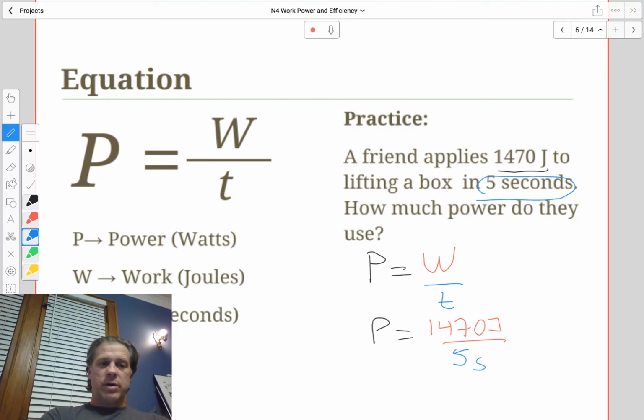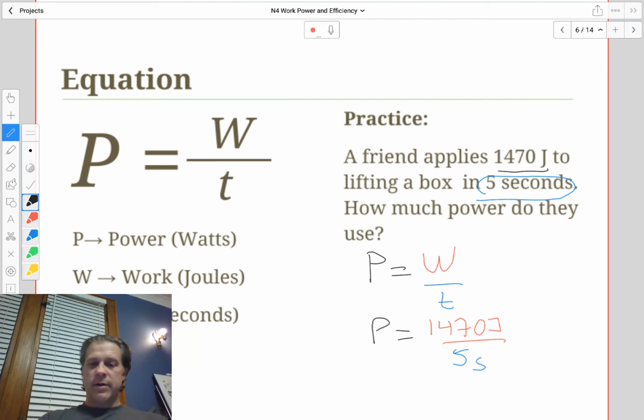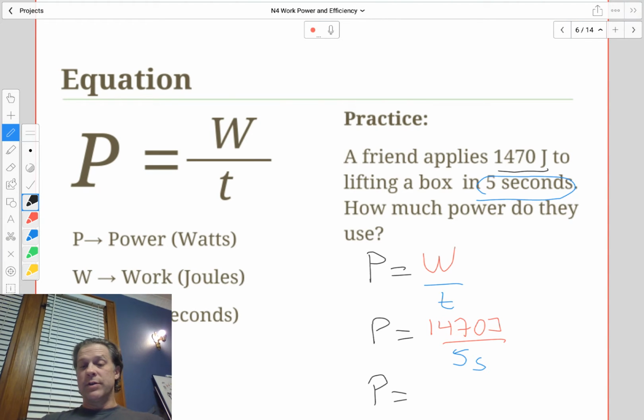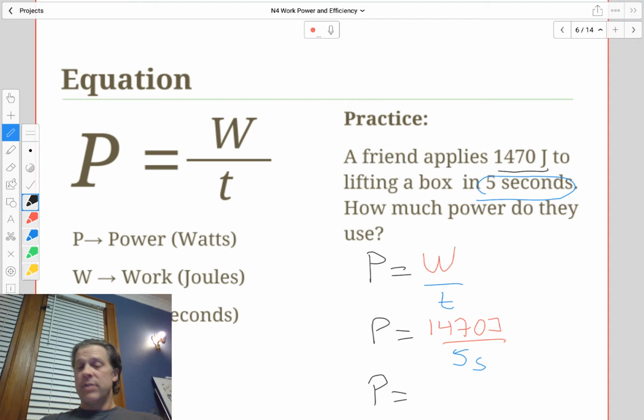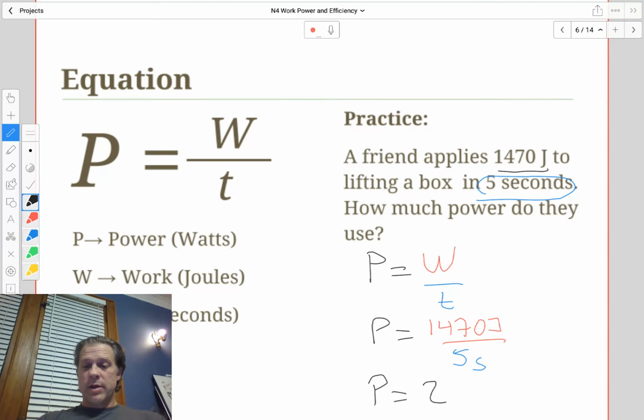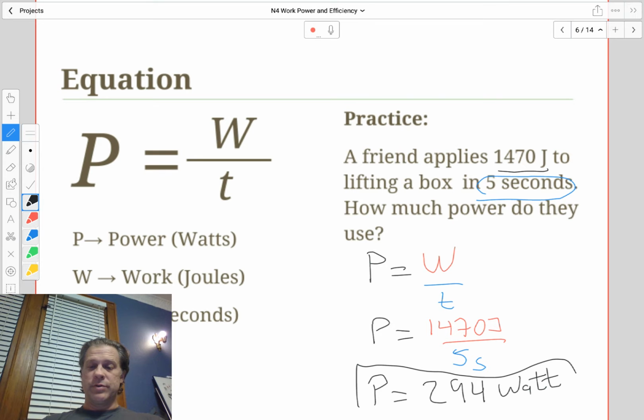So when you plug this in your calculator, 1,470 divided by 5 equals 294 watts. So that's one of the ways that we could use this formula.